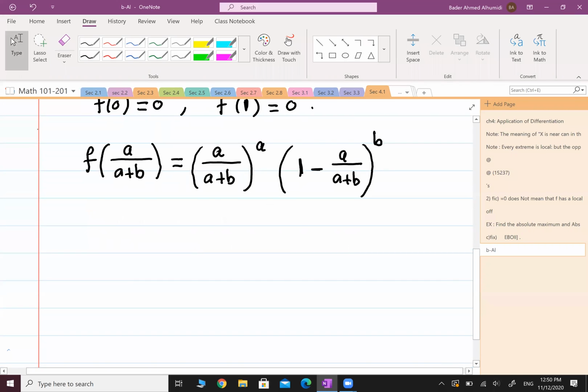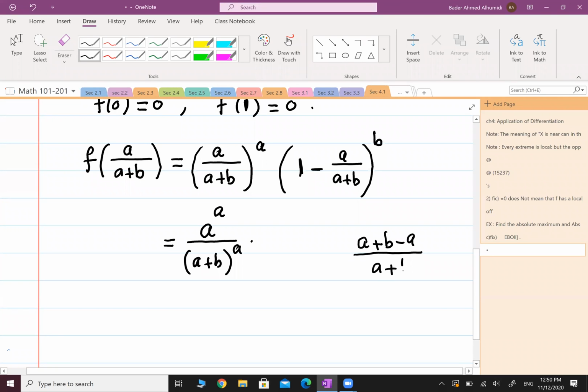This becomes a to the power a over a plus b to the power a, times a plus b minus a all over a plus b, all to the power b. The a with the a cancels, so I have b to the power b over a plus b all to the power b.